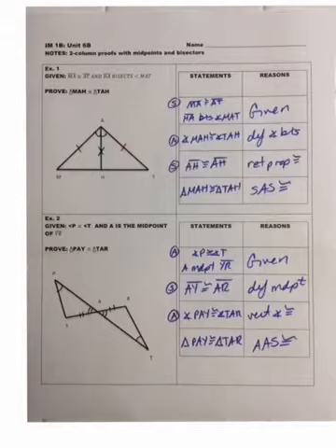And we're still going to include what we were working on in the previous one, so reflexive sides and vertical angles. All right, so example 1. We are given side MA is congruent to side AT, and segment HA bisects angle MAT. All right, so I'm going to mark what was given.